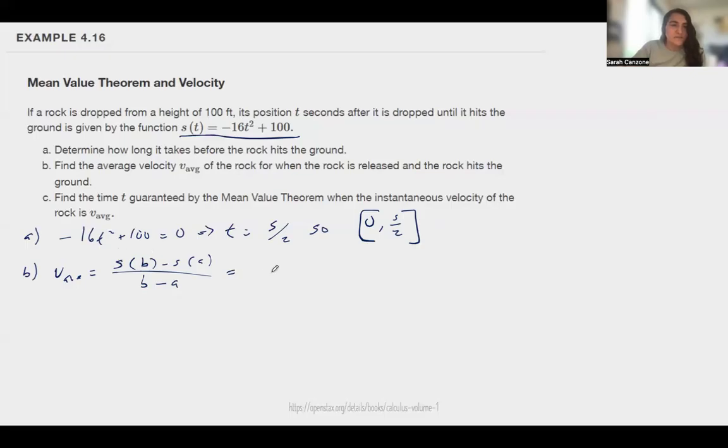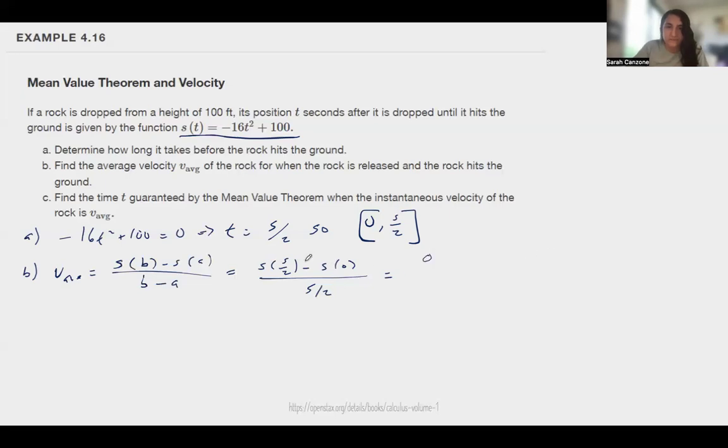So that's saying s of 5 over 2 minus s of 0 over b minus a, which is 5 over 2 minus 0, just 5 over 2. At 5 over 2, we just solved for the zeros of that, so we know that's when it hits the ground.